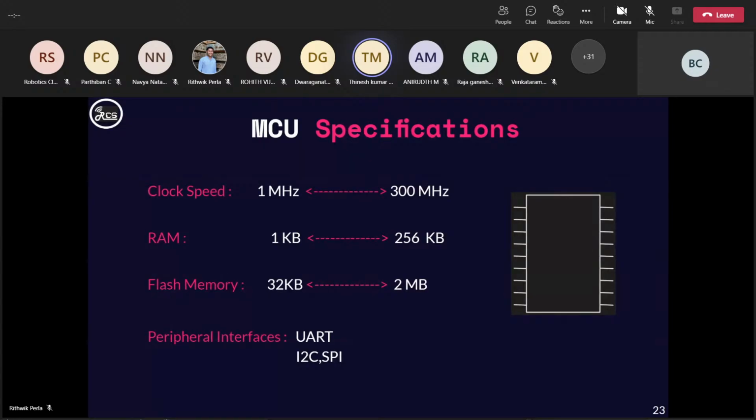The peripheral interfaces used are UART, that is Universal Asynchronous Receiver Transmitter, I2C, Inter-Integrated Circuit, and SPI, Serial Peripheral Interface.